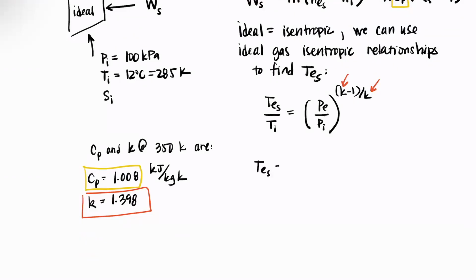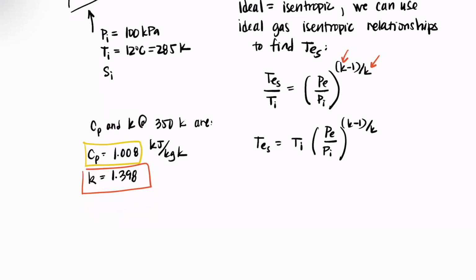So TES is TI times the pressure ratio. All right, so I can plug these in. So I have TI is 285 Kelvin.